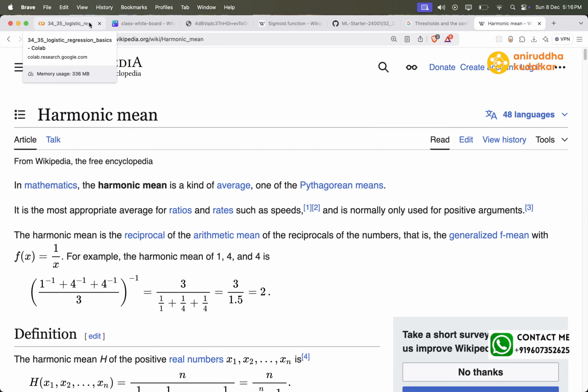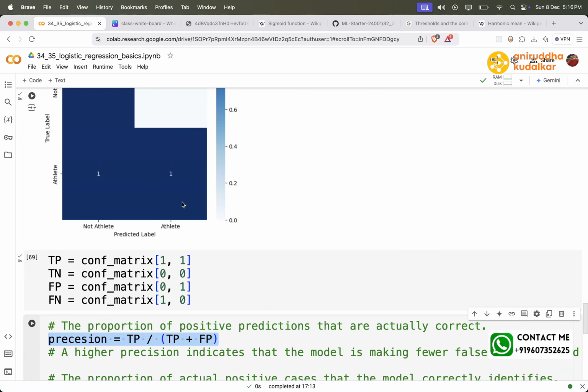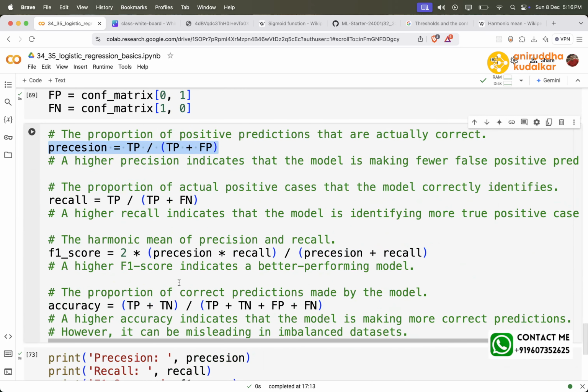If we want to include the mathematics, there is a prerequisite. Who decided the formula for precision is this, and the formula for recall is this?